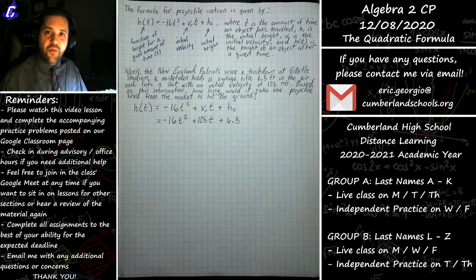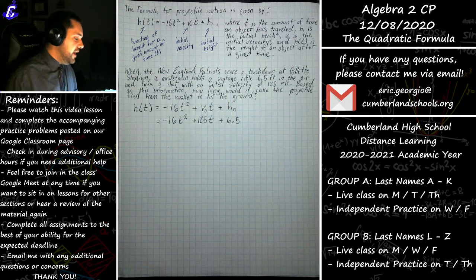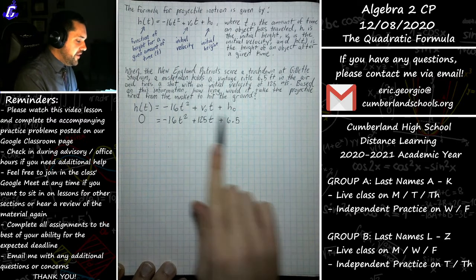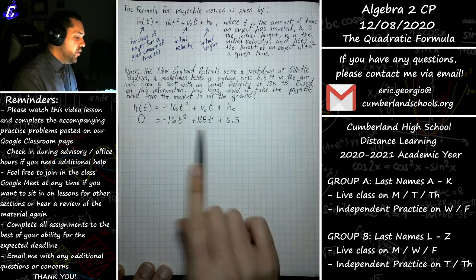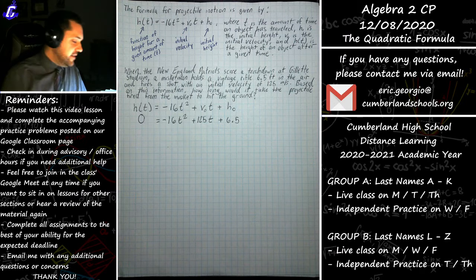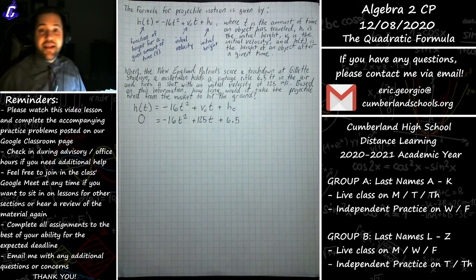So the height when an object hits the ground is 0. In other words, we're trying to look for when this calculation of the object's height will produce the answer of 0, because that would mean that it has hit the ground. All right? Hopefully that setup makes sense, how we're able to plug in our information and set it equal to 0 for hitting the ground.